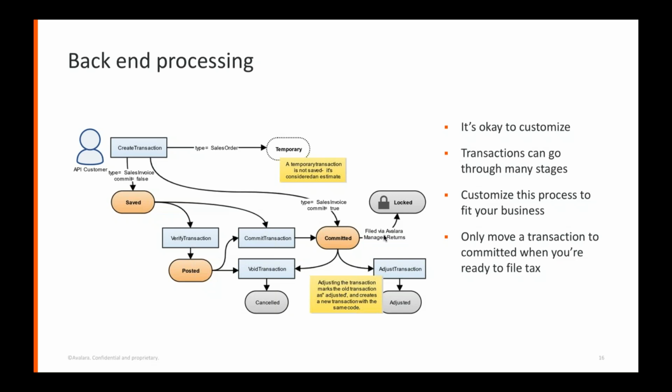So very briefly, the one thing that I did not have when I drew this original chart is that if you have a locked transaction that's been filed on a tax return, the way to reverse it is to call refund transaction. And what we will do is create a net opposite transaction that is the exact inverse of it. So the two of them together will net out to zero.